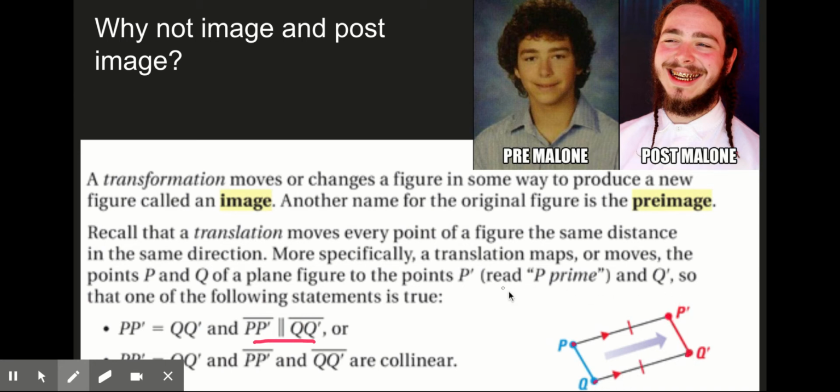You can see we start with point P and it becomes P prime. We have Q and it becomes Q prime. And it's those prime points that are used in the image.